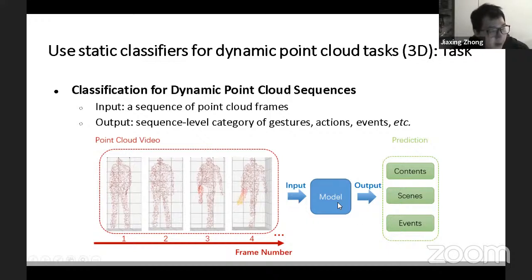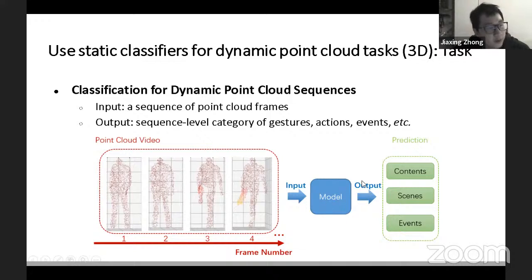An intuitive explanation is that we put the sequence, or this point cloud video, into the model, and it should output the sequence-level label, like maybe this video is kicking a football.